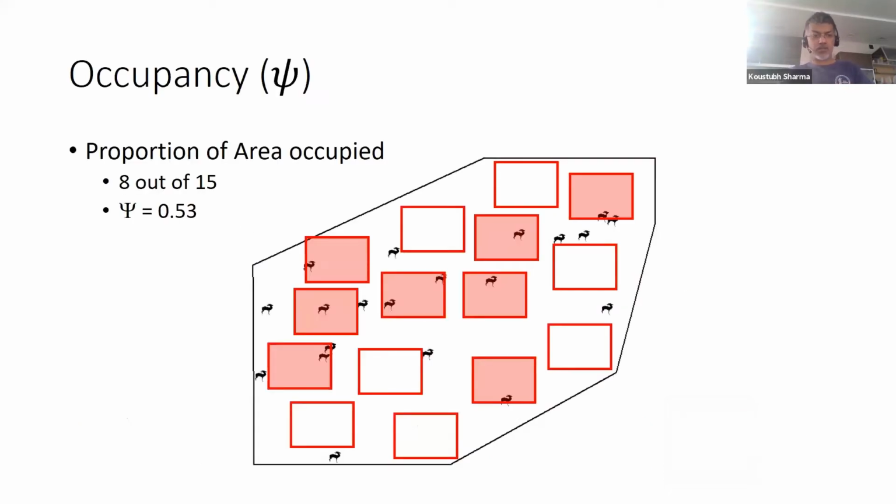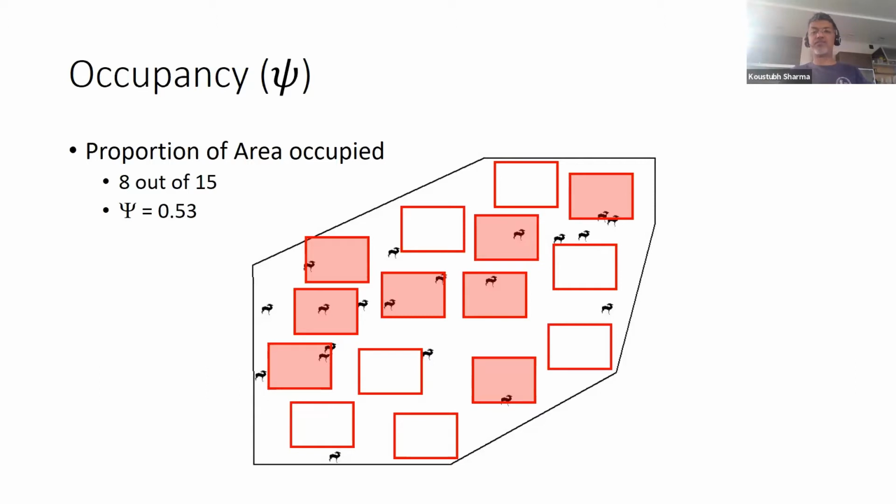Okay, so to begin with, you might remember this image that we had used in one of the first presentations, where we try to understand what's occupancy. As you all know, it can be defined as the proportion of sites out of the entire study area which are occupied.